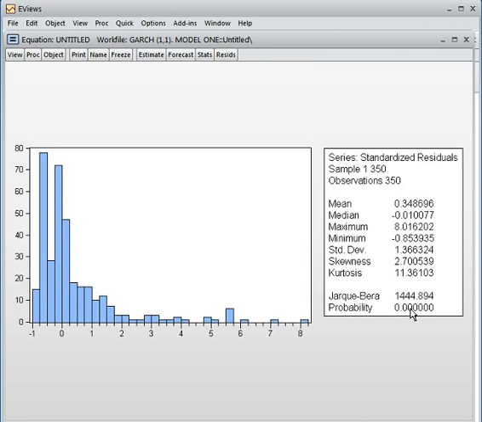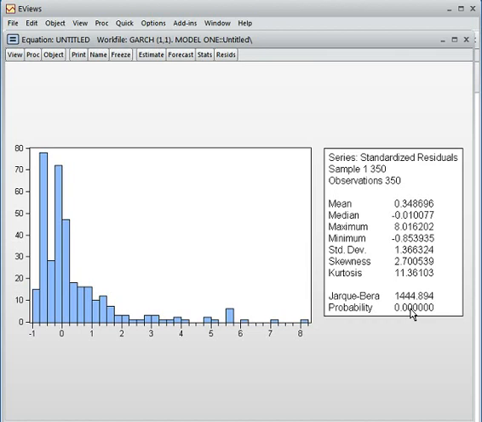And what is our alternative? The residual is not normal. So it is a bad sign, because we have rejected the null hypothesis as the p-value is less than 5%, and as a result we have accepted the alternative, that the residual is not normal. So that is a bad sign.